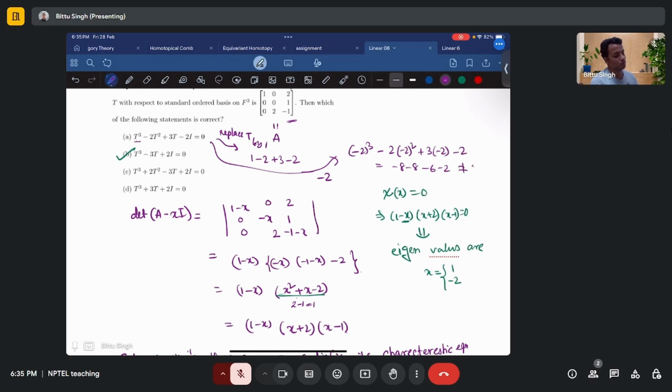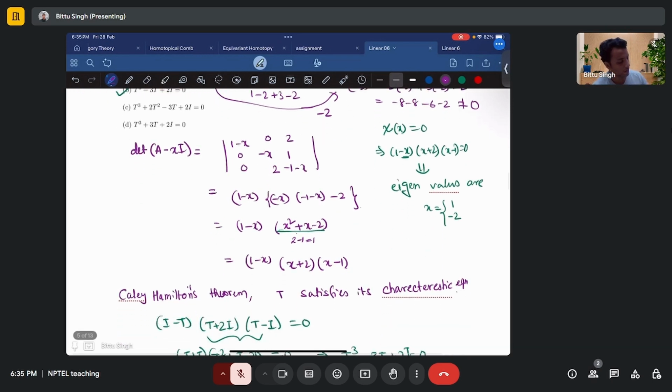So this is non-zero. So this factor T plus 2 does not divide this polynomial. So this cannot work, because all those factors should occur: T minus I and T plus 2I.